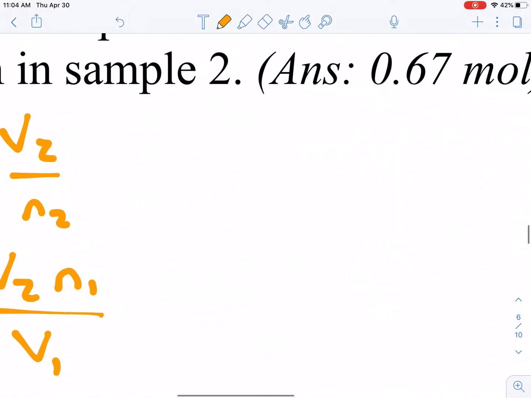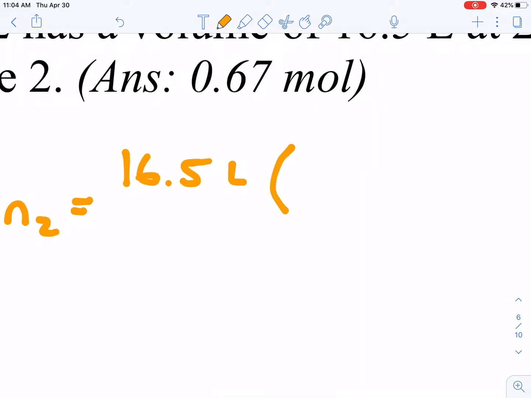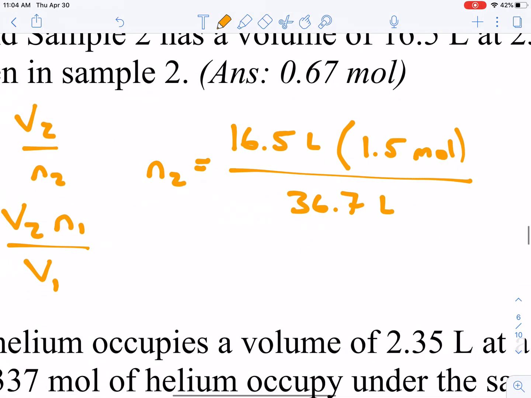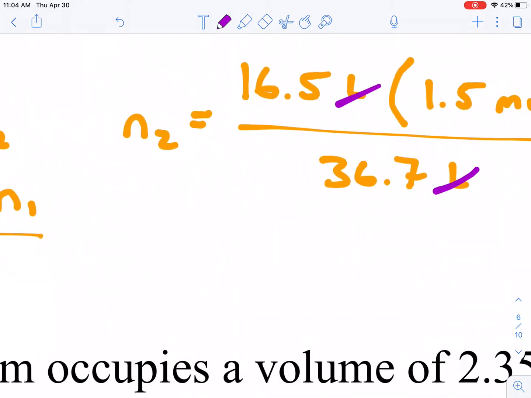And if we plug everything in, then our N2 is going to be equal to, our second volume was 16.5 liters, times our initial number of moles, which was 1.5 moles, over our initial volume, which was 36.7 liters. And when you do that, you'll notice that your liters conveniently cancel. You have 2 sig figs, 3 sig figs, and 3 sig figs. So your answer should have 2 sig figs, and our answer will become 0.67 moles.